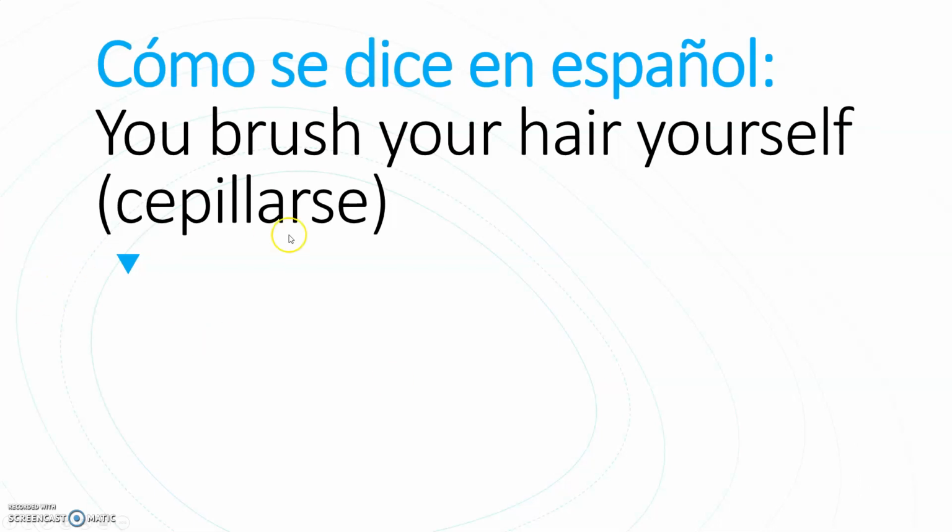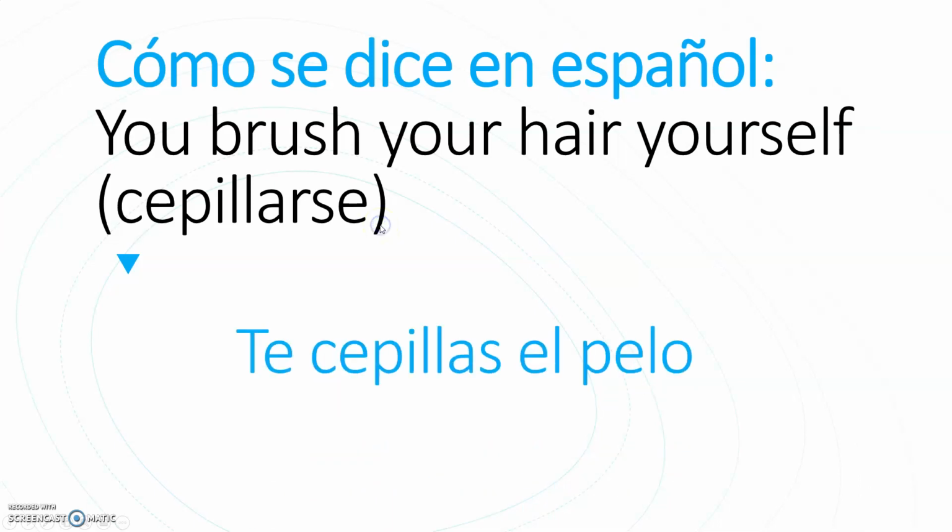The verb is cepillarse, and you're doing this action to yourself. All right, this one is te cepillas el pelo. The verb cepillar is in the tú form, and then I've added te at the beginning because it's reflexive. Te cepillas el pelo.